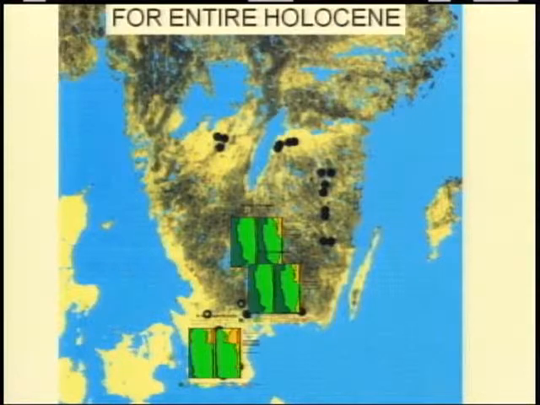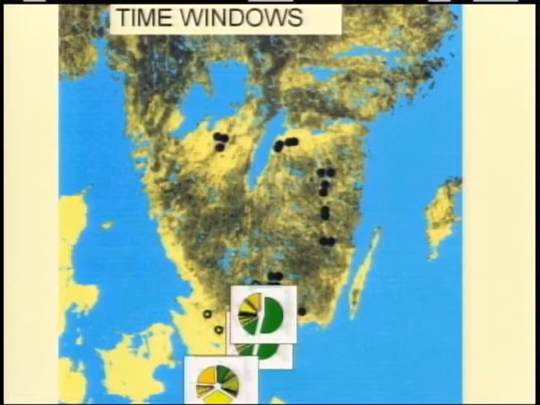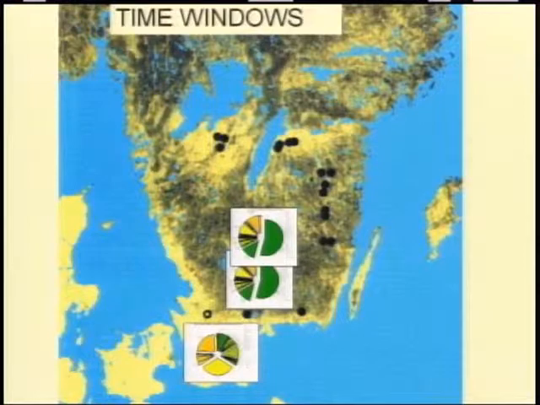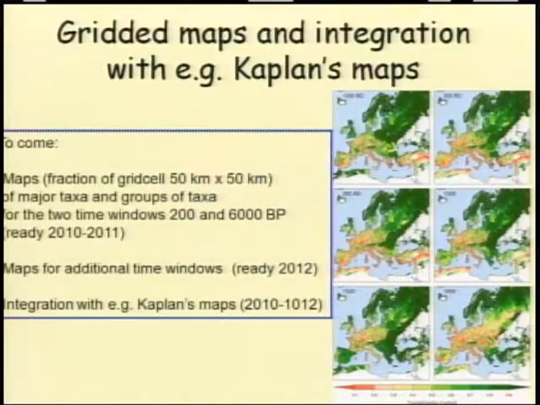So for the entire Holocene, we will produce this type of maps for Northwestern Europe and Western Europe north of the Alps, trajectories for the whole Holocene in that way, 4 time windows, pies of different vegetation groups, and of course, which is not done yet, gridded maps, and possibly integration with other maps based on other methods.